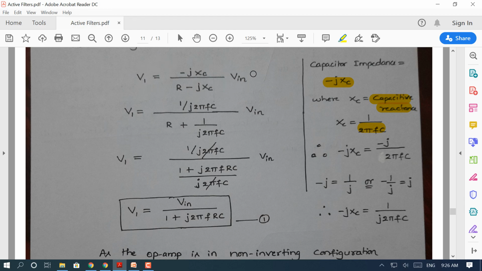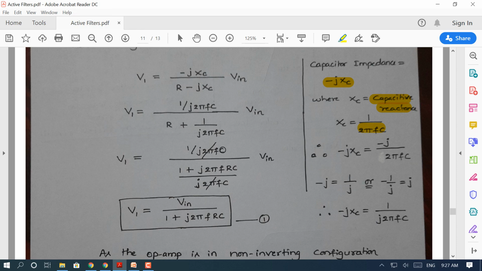Let us see how we can simplify it. V1, the voltage at the non-inverting terminal, now becomes 1 by j 2 pi fC on substituting the equivalent of minus jXc. Next, we can take the LCM in the denominator as j 2 pi fC. So the denominator changes to 1 plus j 2 pi fRC divided by j 2 pi fC, multiplied with Vin.